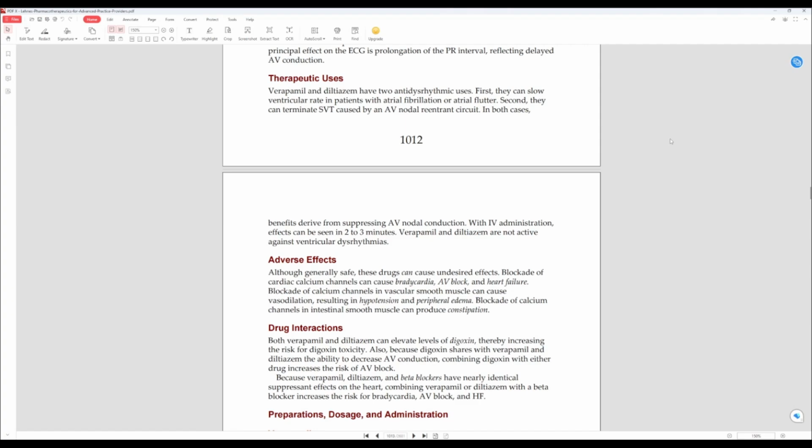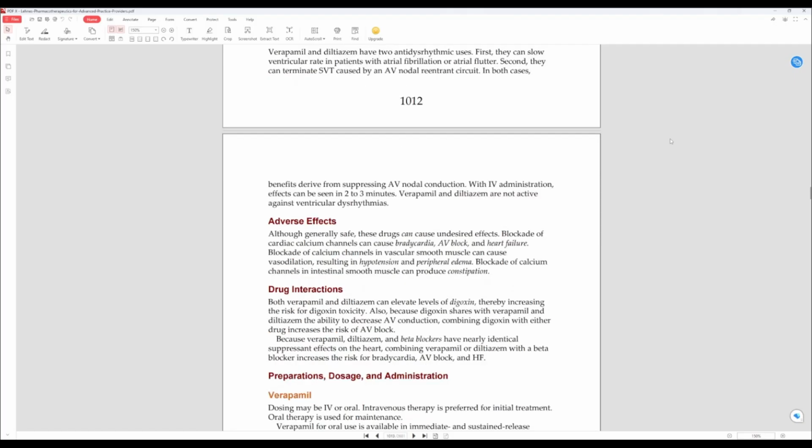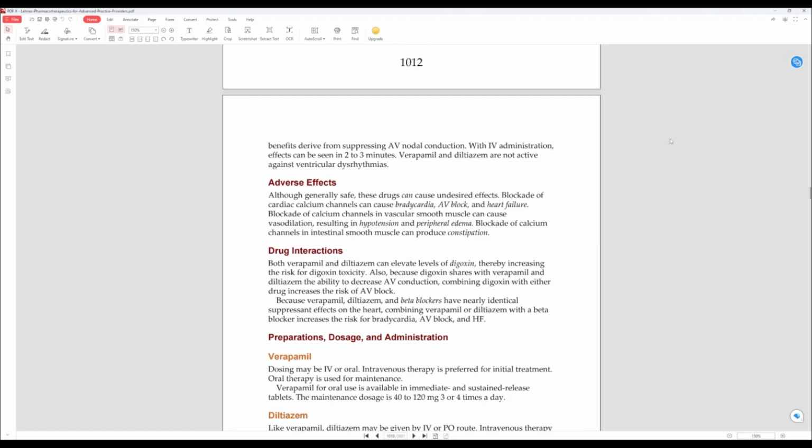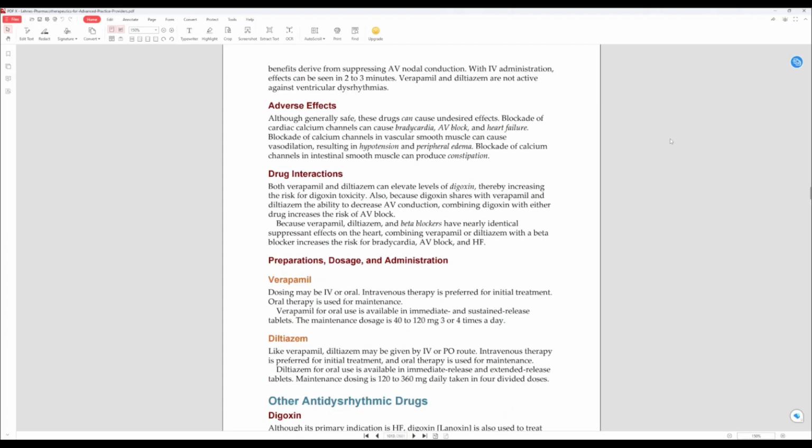In both cases, the benefits derive from suppressing AV nodal conduction with IV administration. Effects can be seen in 2 to 3 minutes. Verapamil and diltiazem are not active against ventricular dysrhythmias. Adverse effects. Although generally safe, these drugs can cause undesired effects.